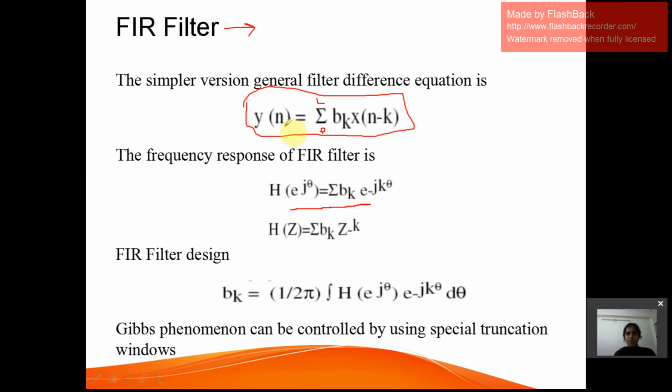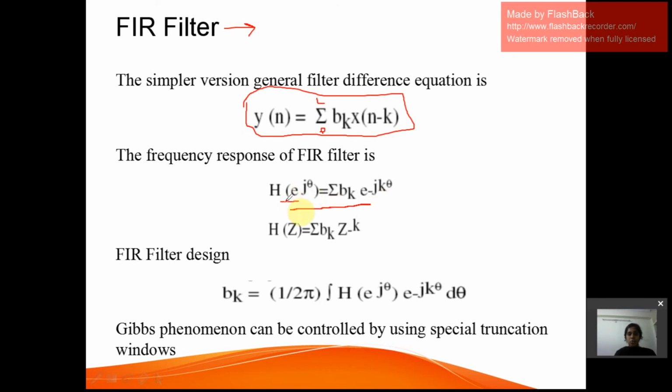In the same way, writing it in terms of the frequency response, denoted as h of e power j theta, it is the summation of bk and e to the power of minus jk theta.